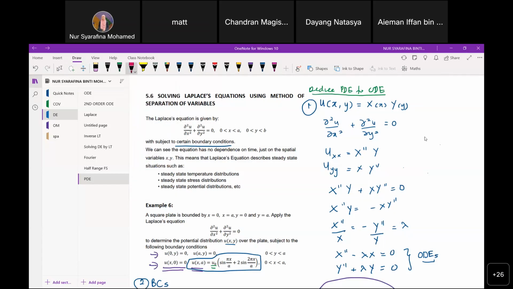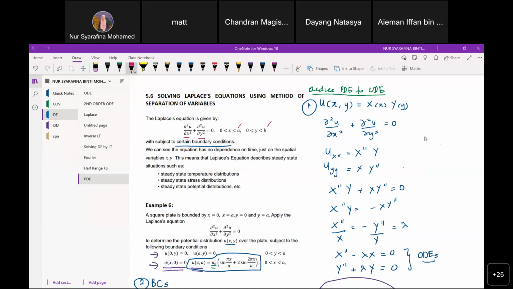The Laplace equation involves del squared u over del x squared plus del squared u over del y squared equals 0, where the range of x is from 0 to a and y from 0 to b. Sometimes a and b are given as values and sometimes as constants, it depends.